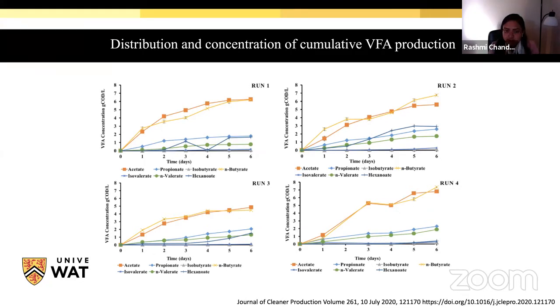But once we talk about the biorefinery, we think about how we can enhance the productivity of these VFAs so that we can extract them. We successfully enhanced the concentration of these VFAs in the leachate. Acetate and butyrate were highest.